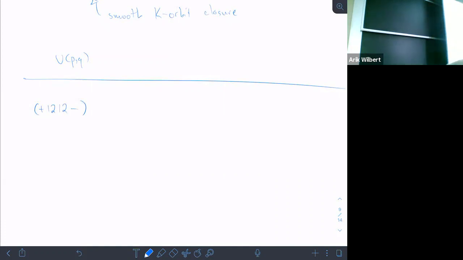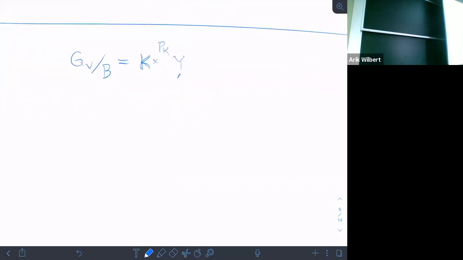Okay, so let that be B. Based on things I said in my dissertation, I was able to say that this has this form: K cross some parabolic, and then some smaller K-orbit closure in the fiber.